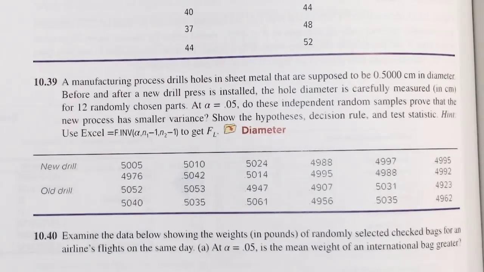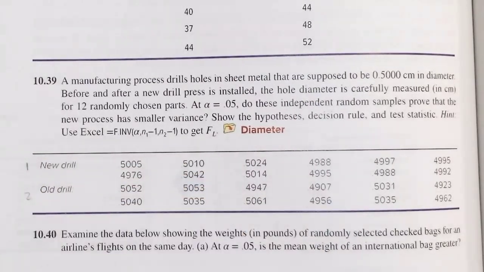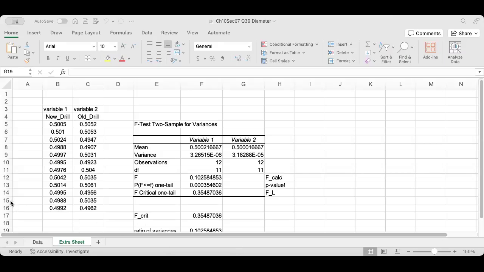Okay, if the new drill is set 1 and the old drill is set 2, I'm going to jump over to Excel and I'm going to put all this information in. That's the wrong set.